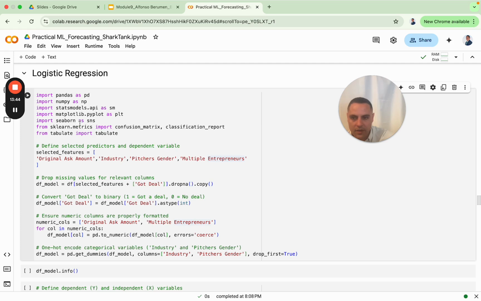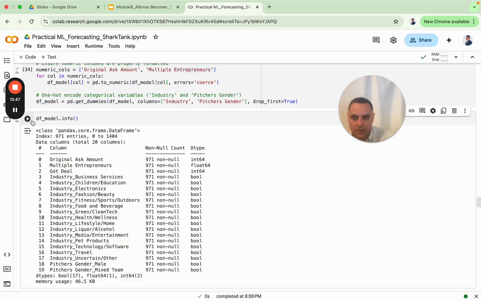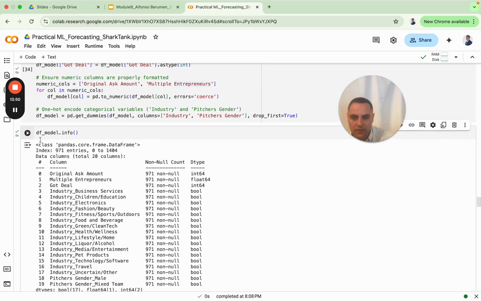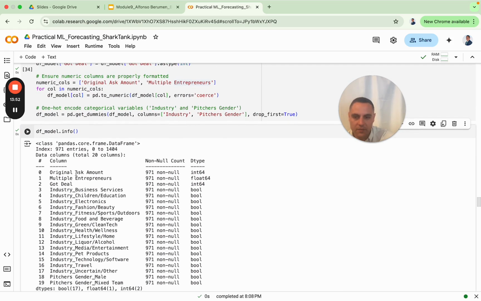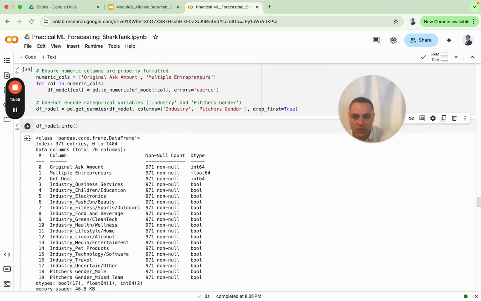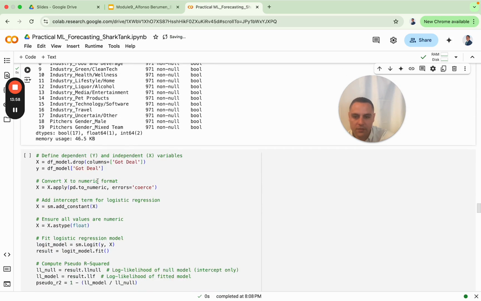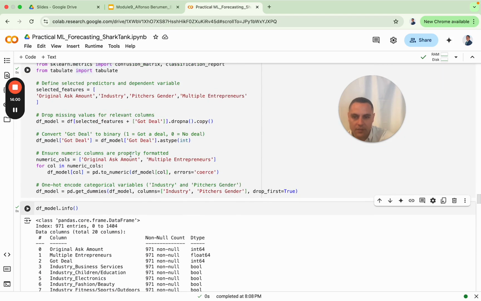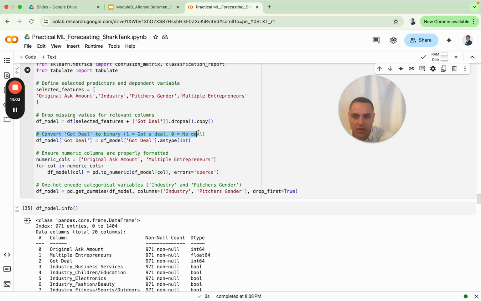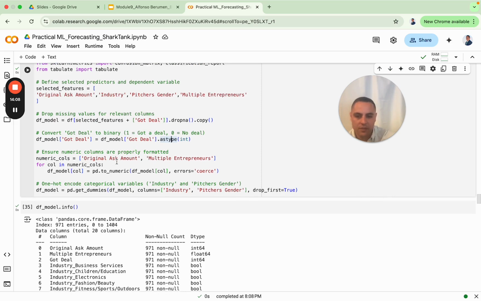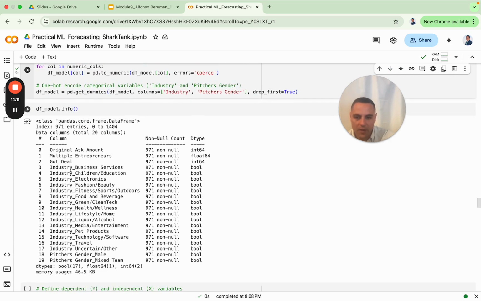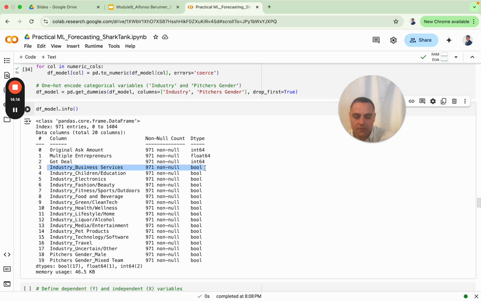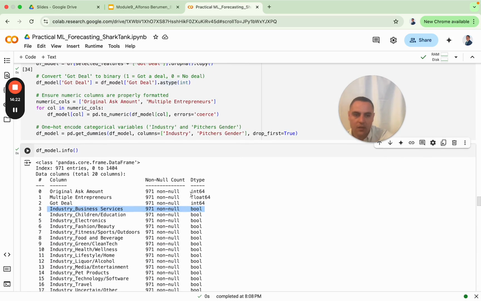So if I go ahead and run that, you can see I have a new data set that just has those specific features or variables I care about. So I did some filtering and also created some 1s and 0s. So we converted got deal to 1 or 0, and then also did some formatting with the variables as well. But now our industry variable, you can see, has a 1 or 0 column for each industry, and we'll be able to use that in our logistic regression model.